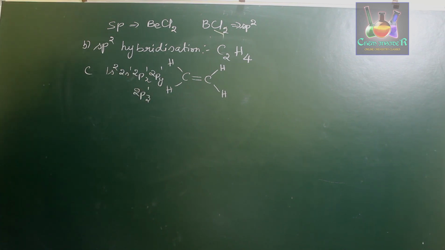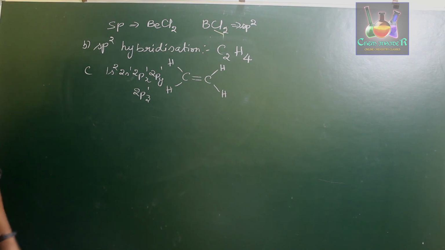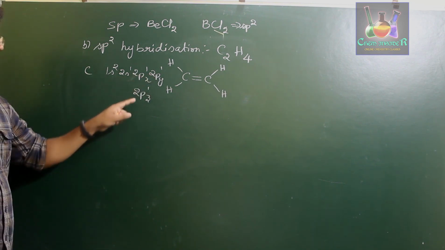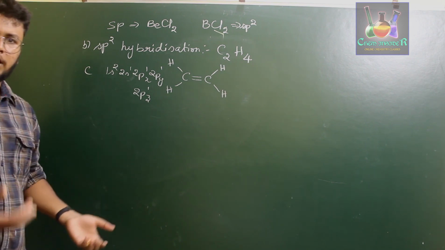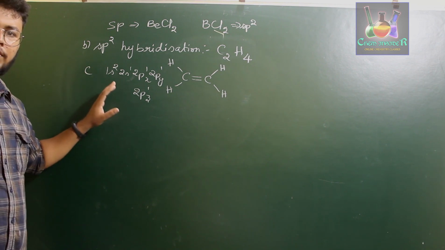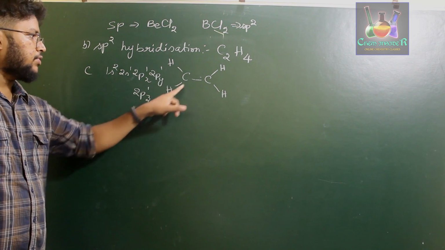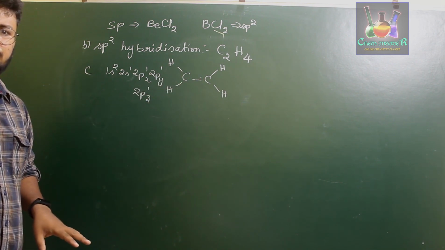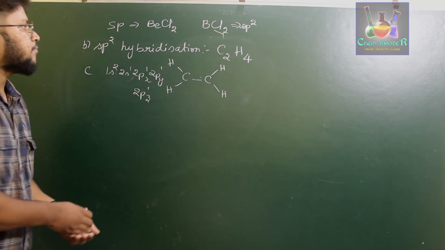Okay, so in this, the 4 electrons present in the 2 shell, that is 2s1, 2px1, 2py1, 2pz1, lead to the formation of sp3 hybridization, as we all know. But in this particular case, since it is bonding with 3 different atoms, it should be undergoing sp2 hybridization, similar to BCl3.